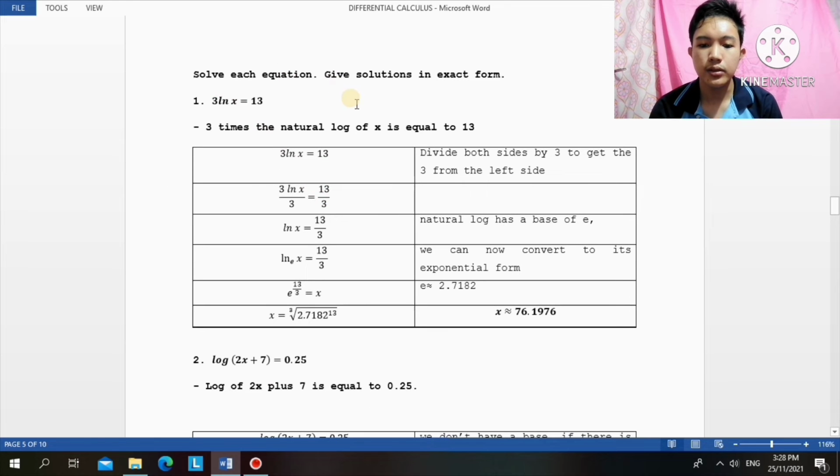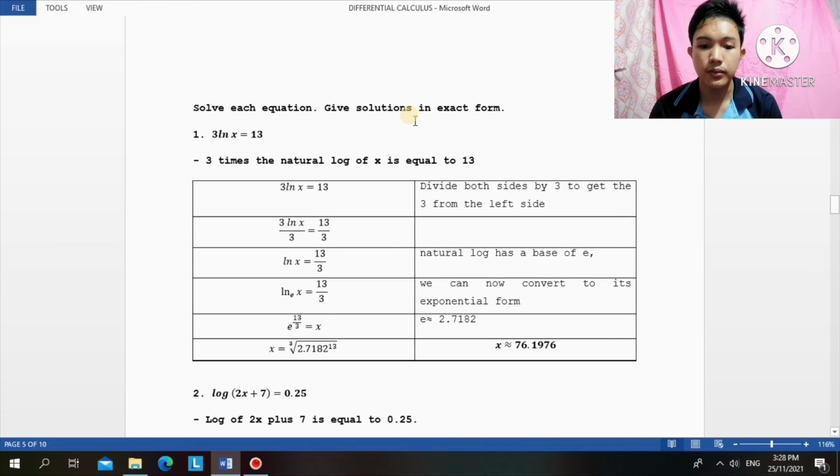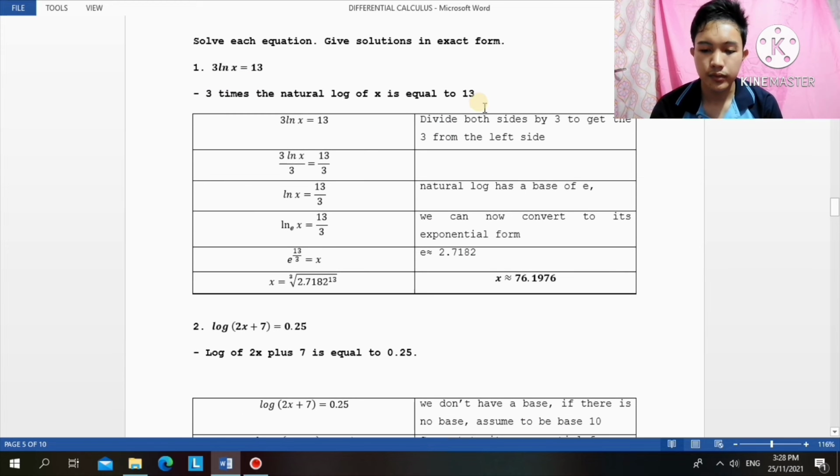Now solve these equations. Give the solution in exact form. So problem number 1. It is read as 3 times the natural log of x is equal to 13. So get the value of x. First, divide both sides by 3 to remove the 3 from the left side. So natural log of x is equal to 13 over 3.